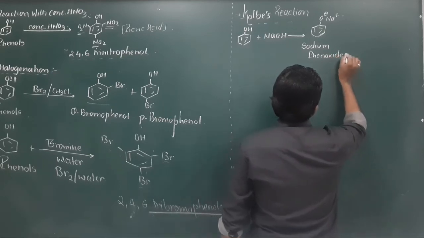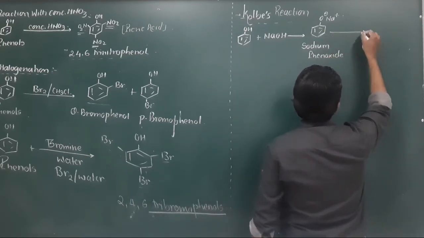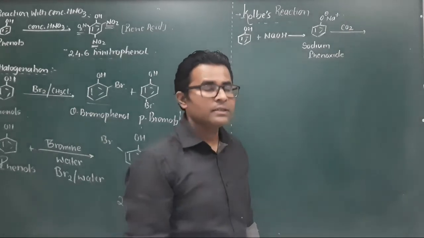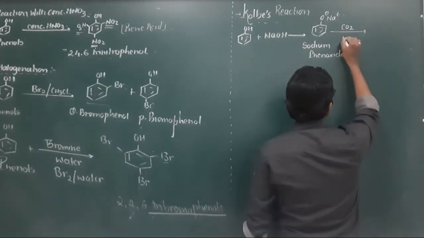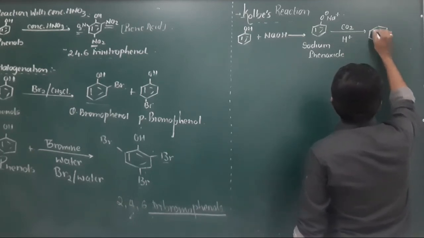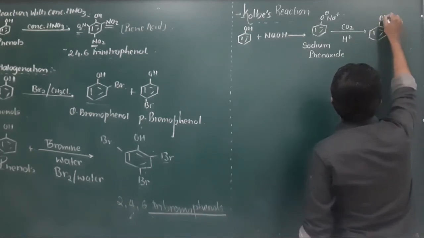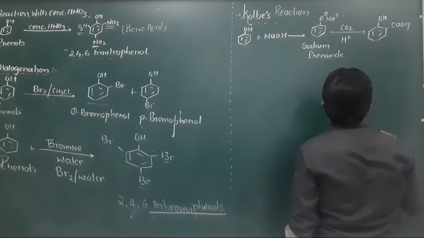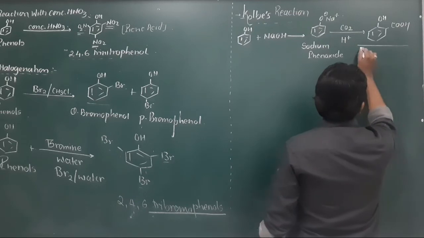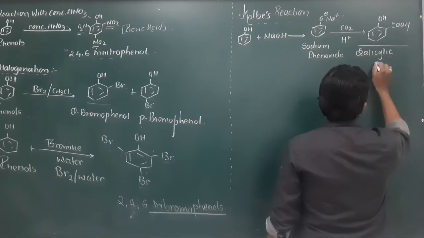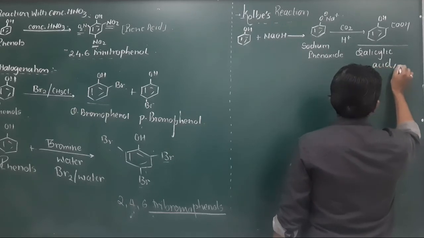Now this sodium phenoxide, when it is reacted with carbon dioxide under acidic conditions, we end up having OH and COOH. Therefore, we end up having salicylic acid.